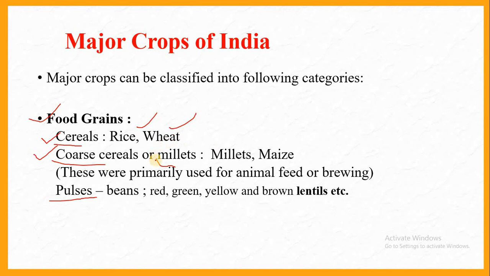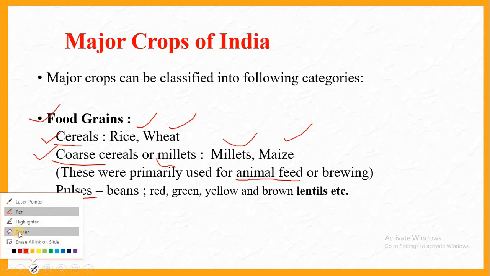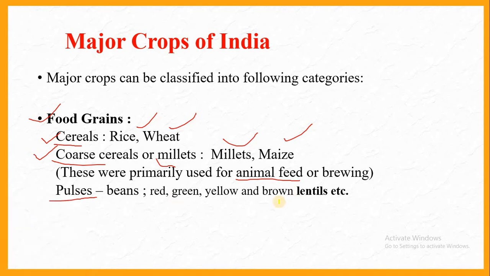These are all examples for millets or coarse cereals. And also there is maize. Maize is another major crop which is grown in India and the US and many other countries. These are called coarse because they were used mainly for animal feeds. Coarse means rough. Do you understand?